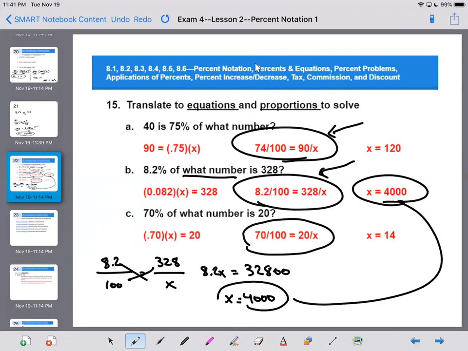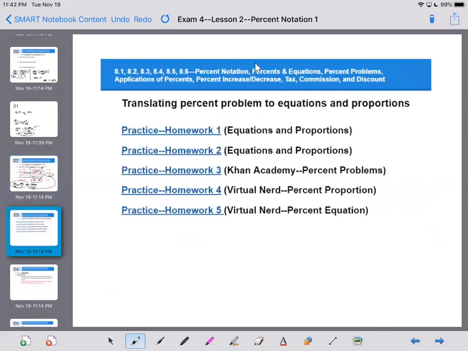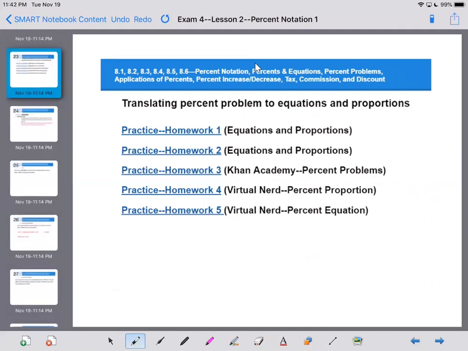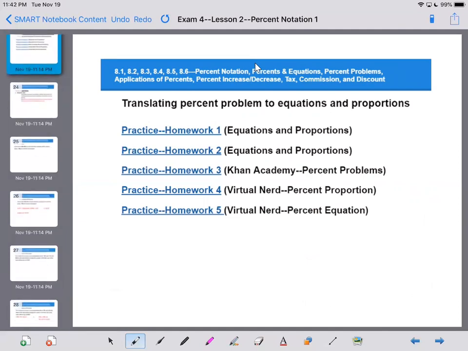So all of these examples that you see, when you see the slash, that just means that's the division bar that would be written like this. There are some questions, some different practice, and even some videos on different types of equations versus proportions and solving percent proportions and percent problems.